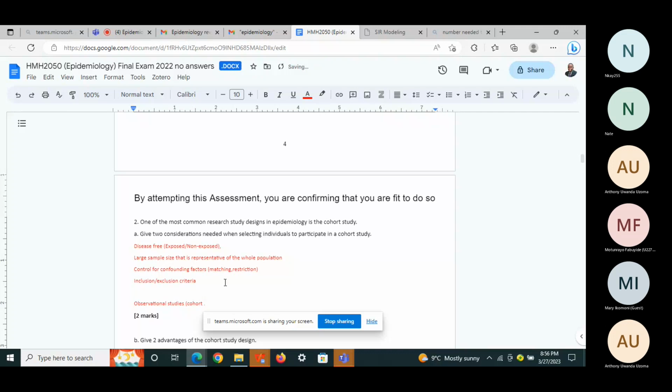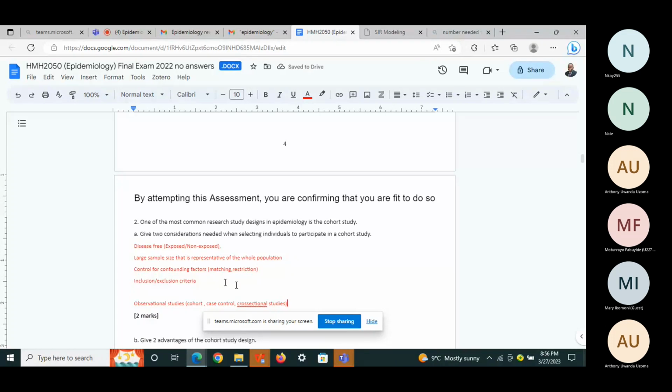Then you have case control, and then you have cross-sectional studies. So these are all observational. That means you are not intervening, you are not putting any treatment or creating any program. All right, so these are the broad categories.